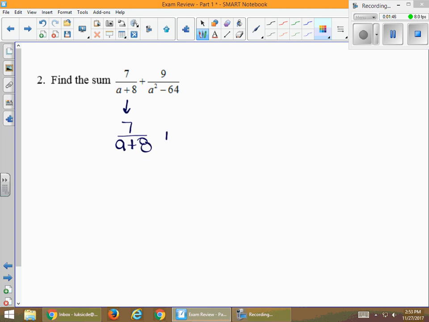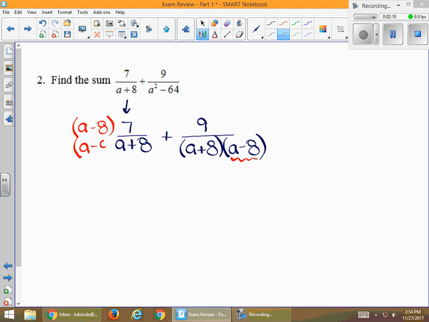In our second fraction, we have a difference of squares. So I have a plus 8, a minus 8. So my first fraction has that a plus 8, but it doesn't have the a minus 8.